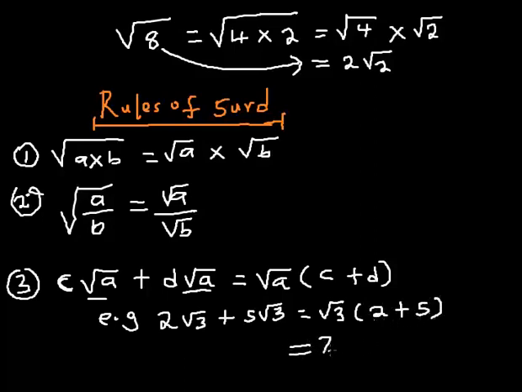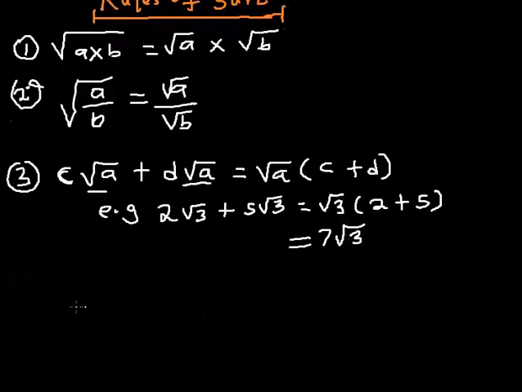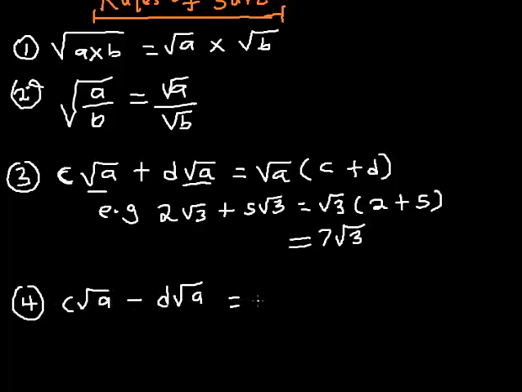That'll give me 7 root 3. The same thing goes with subtraction. So if you have c square root of a minus d square root of a, it is equal to the square root of a times c minus d.